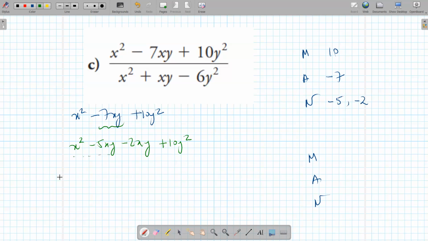What's a GCF? What can I pull out from the first two terms? An x. What are we left with in a bracket? X minus 5y. Right, what can we pull out from the next two terms?